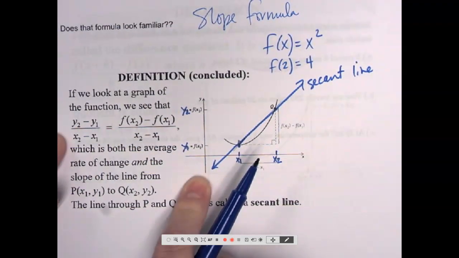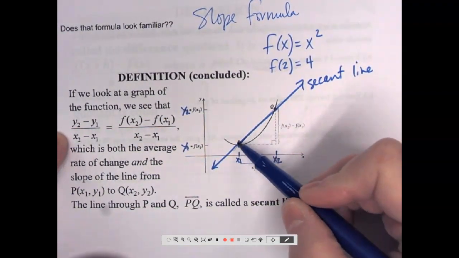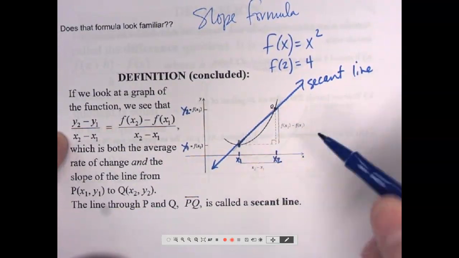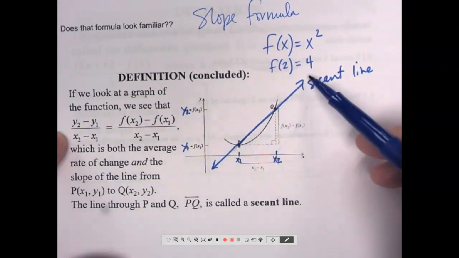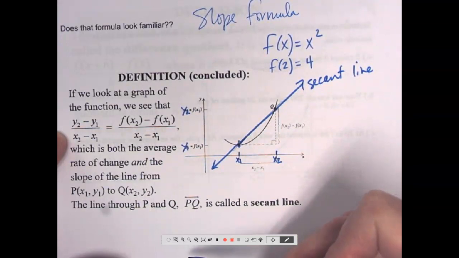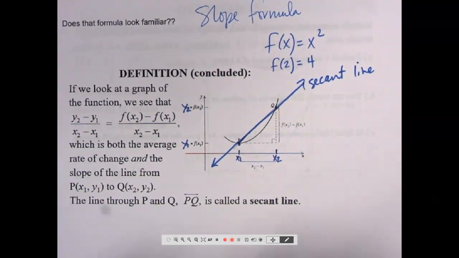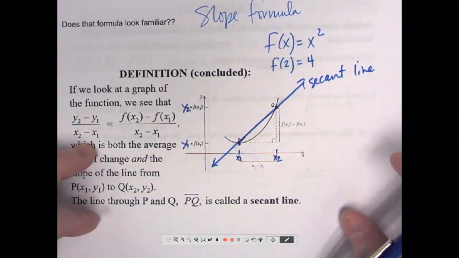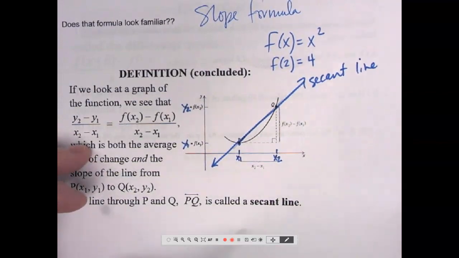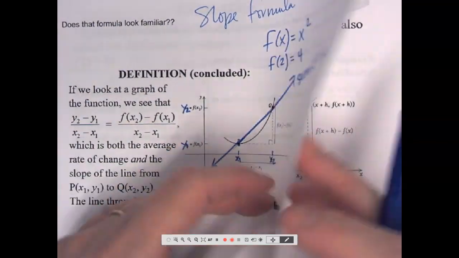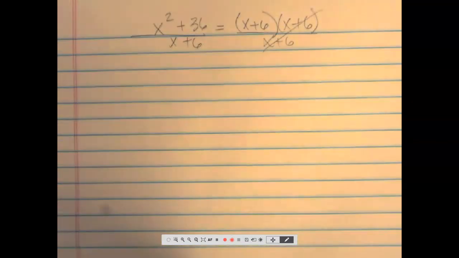That's just your slope formula. Okay, but that slope formula between these 2 points is also the slope of this whole line. So it's the slope of the segment, but it's also the slope of the line. Okay, so not too advanced, just written in a very fancy way. Is everybody okay with that? Next.